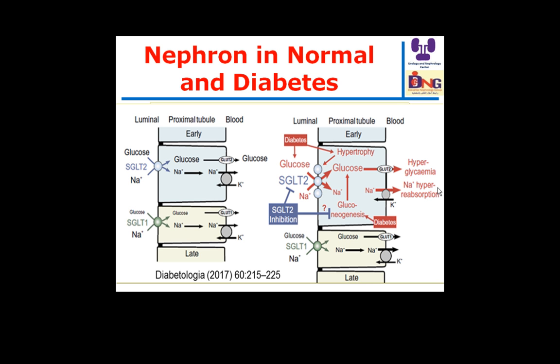And here I wanted to say that the threshold of reabsorption, the threshold of glucosuria, is readjusted by the use of sodium glucose cotransporter 2 inhibitor, because in type 2 diabetes there is increasing sodium glucose cotransporter 2 expression that will increase reabsorption.